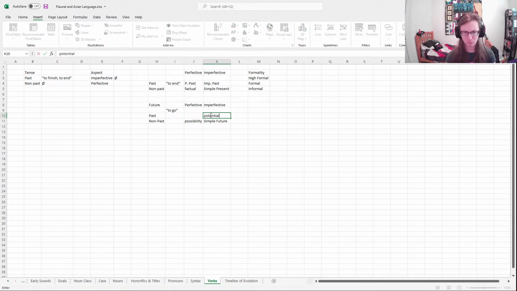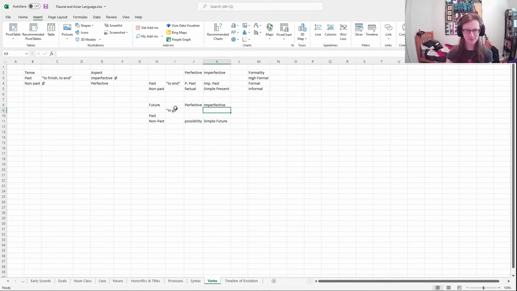I'm really blanking on the names of these moods right now. Yeah, I was going to do something. Conditional. Conditional or counterfactual. I think conditional. Or yeah, I was going.